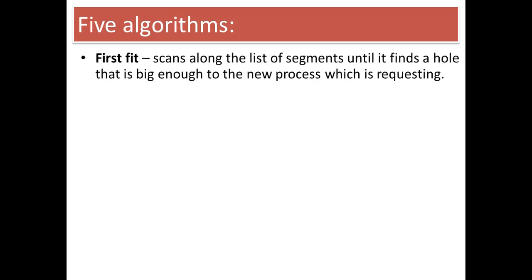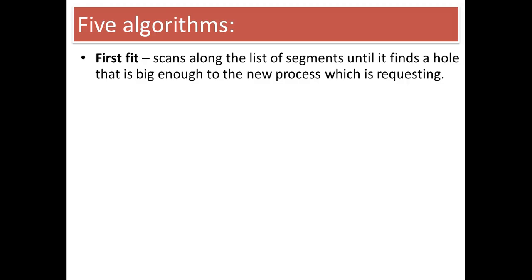One of these is the first fit algorithm, which is based on the available free space. This algorithm scans along the list of segments until it finds a hole that is big enough for the new process requesting a memory space.